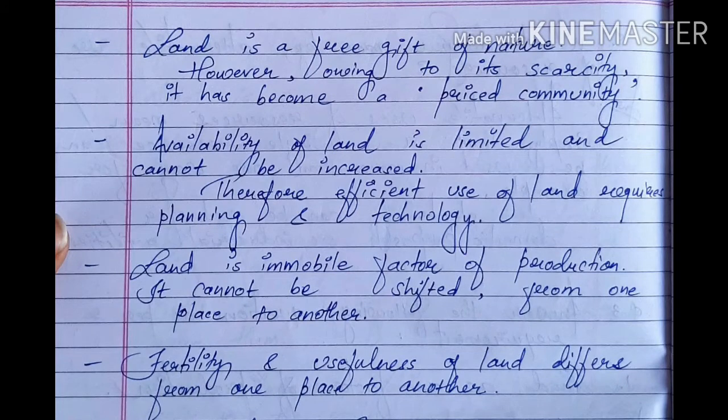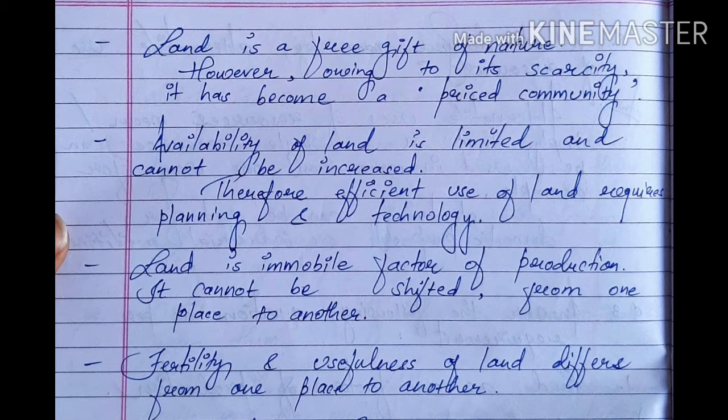Land is a free gift of nature, however, owing to its scarcity, it has become a prized commodity. The availability of land is limited and cannot be increased. Therefore, efficient use of land requires planning and technology. Land is an immobile factor of production.